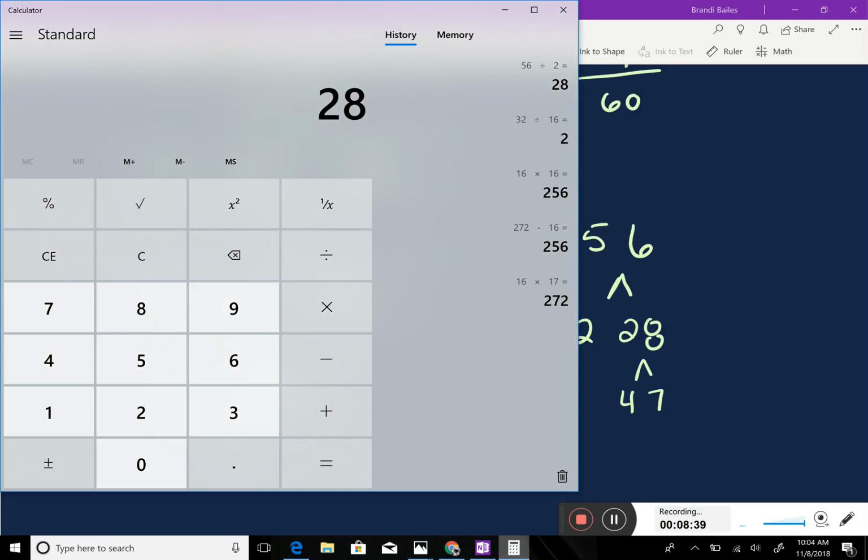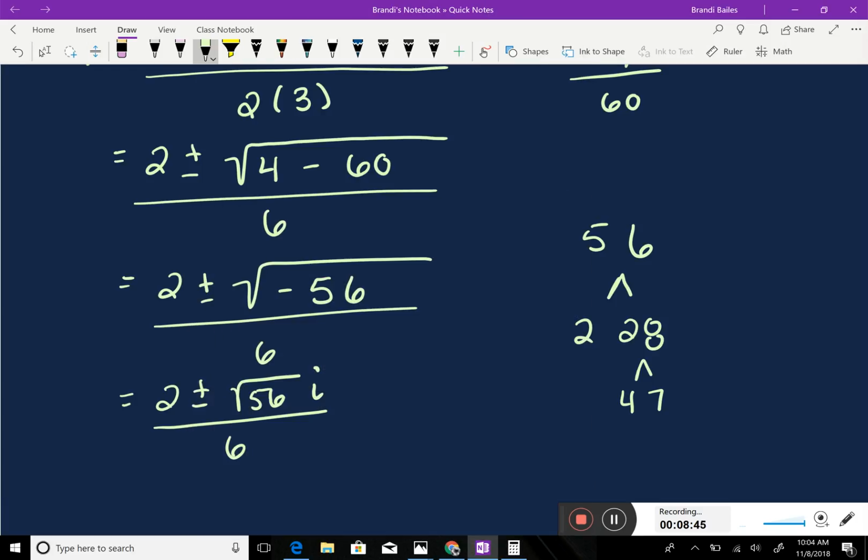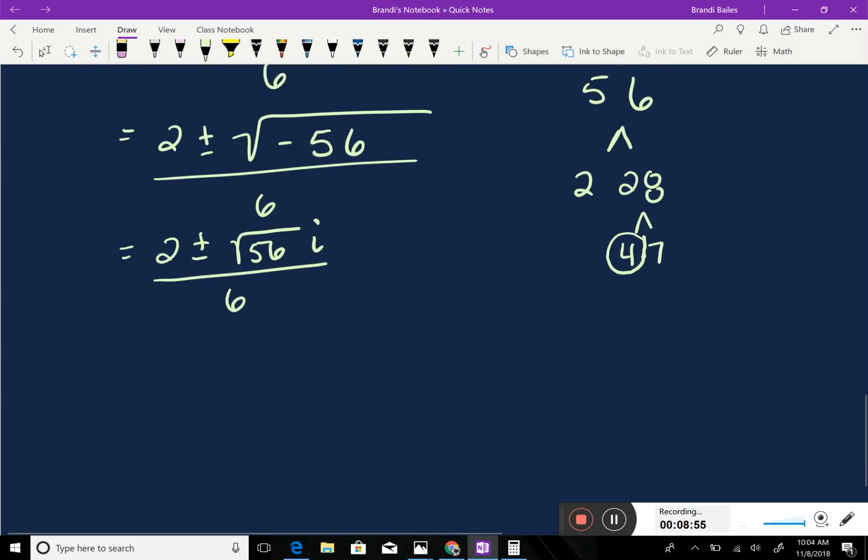Questioning everything today is just one of those days. 28 divided by 7 is equal to 4. Okay. So let's see, it looks like my only square will be 4, and that'll leave me with a 14 inside the square root. So this is equal to 2 plus or minus.